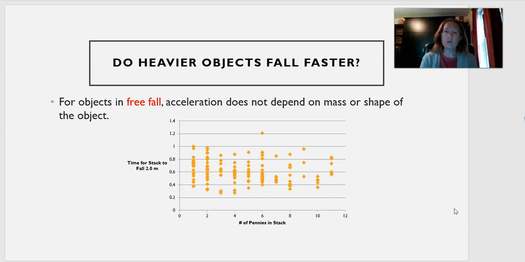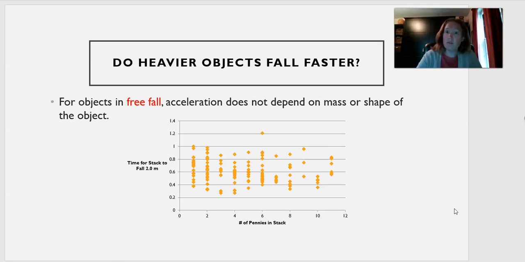If you looked at the penny data back when we did our graphing, you saw a scatter plot: if you stack pennies up and drop them from a certain height, you get no relationship between the mass of that stack of pennies and how long it takes them to fall 2 meters to the floor.